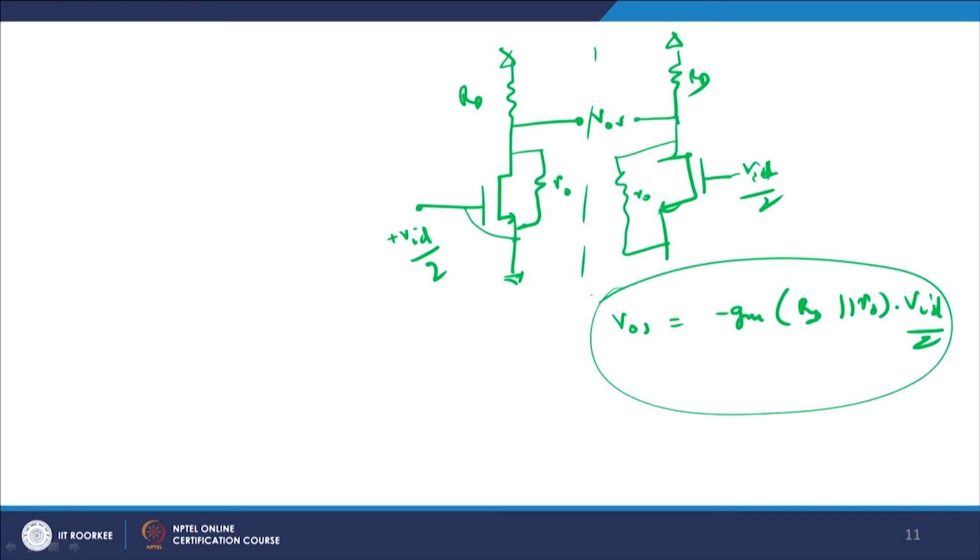Similarly, VO2 or output voltage 2 will be given as GM times RD parallel to RO into VID by 2, of course with the negative sign changes there. With this knowledge I can safely write down V02 minus V01, which is V0, equals GM times RD parallel to RO into VID.